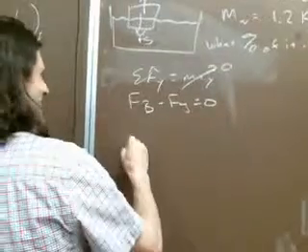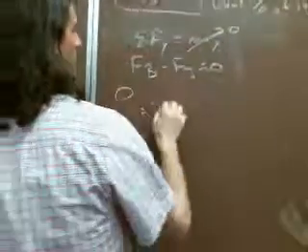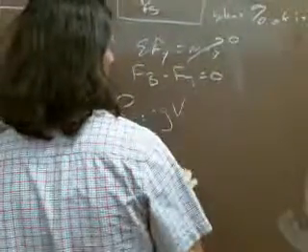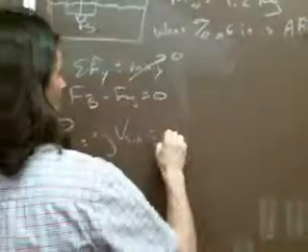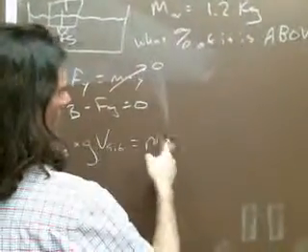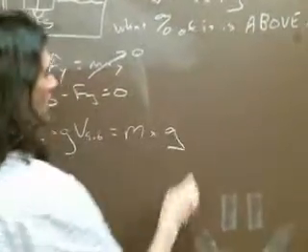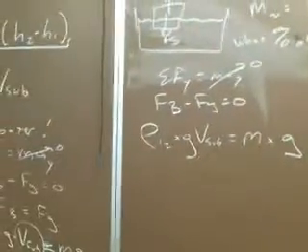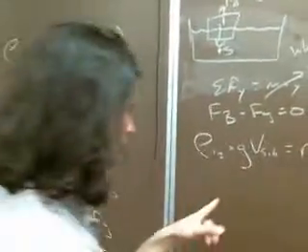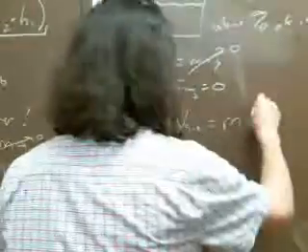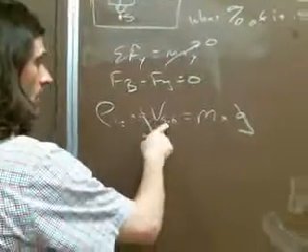The FB is the rho of the liquid times the planet we happen to be on times the volume that's submerged, equal to the mass of the object times g, since FG is mg. So we can kill what planet we're on, it doesn't matter, and the V sub we don't know, that's what we'll be solving for.